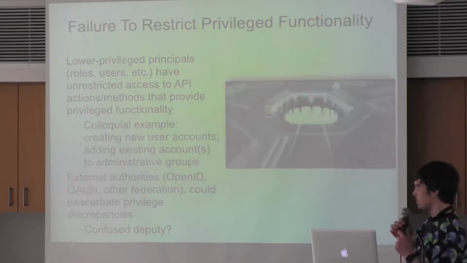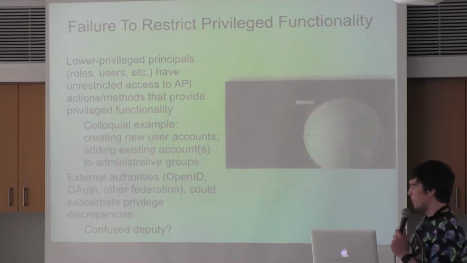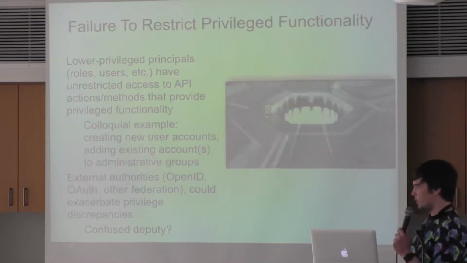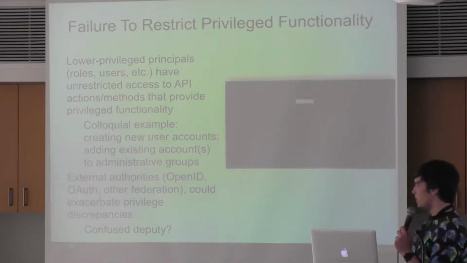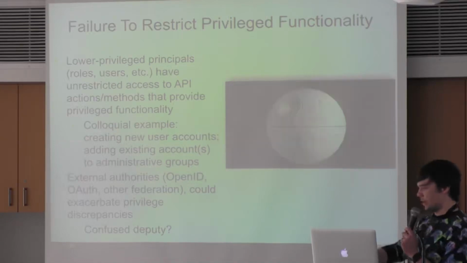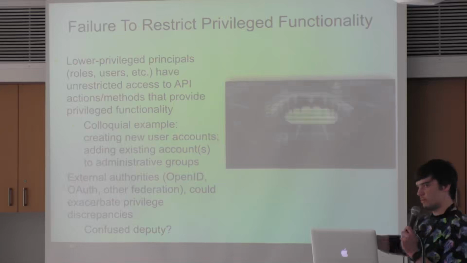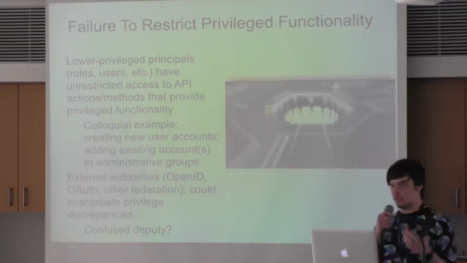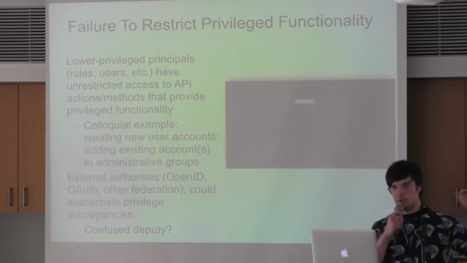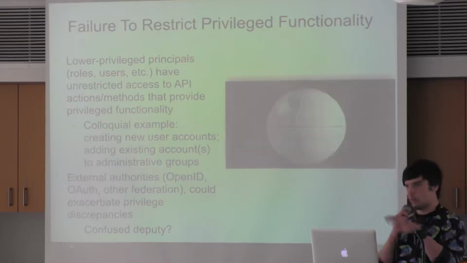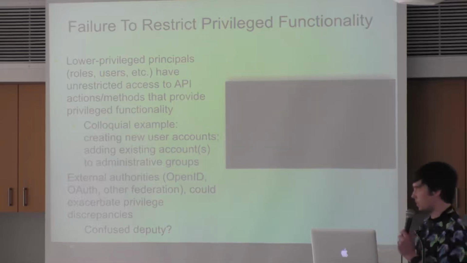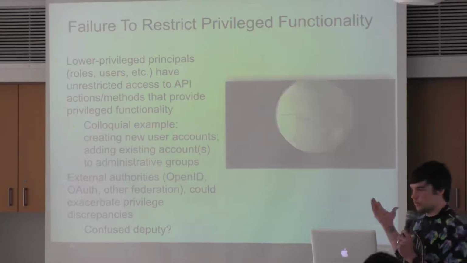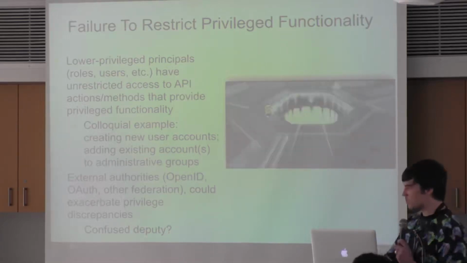External authorities, such as any kind of federation you're doing, OpenID, or authorization through OAuth. Any failure there, that chain could be bad. That could exacerbate any discrepancy between what one authority thinks your role is and what another authority thinks your role is, whatever the API might be. I don't know if it's a confused deputy problem or not.